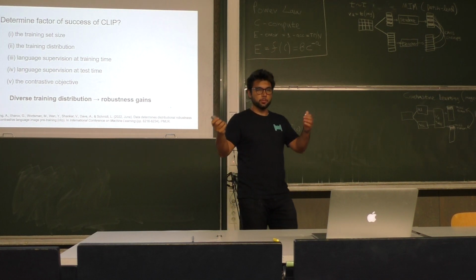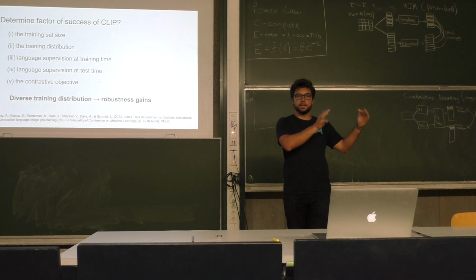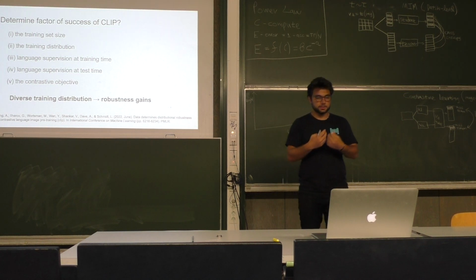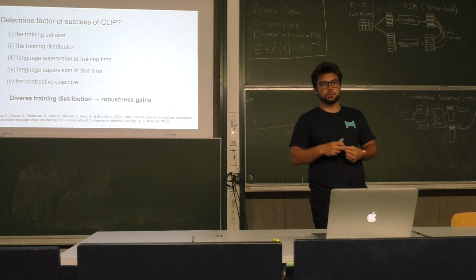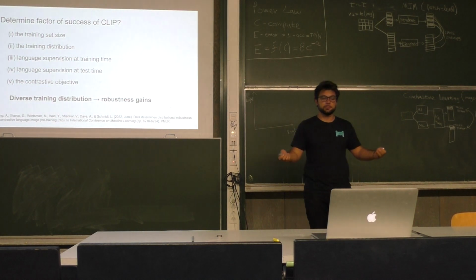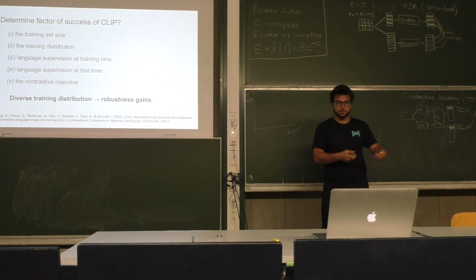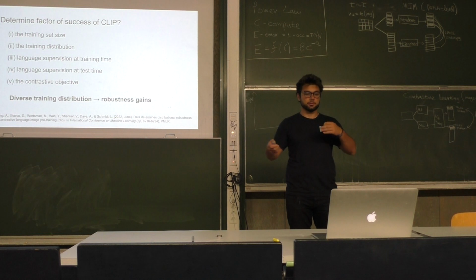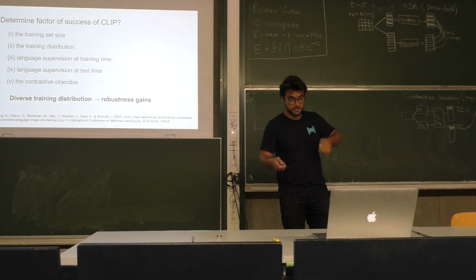So again, we go back to the data acquisition, curation, and collection, which they did to construct these 400 million pairs. It doesn't really matter if we train with self-supervised learning or contrastive learning based on CLIP or even supervised learning.